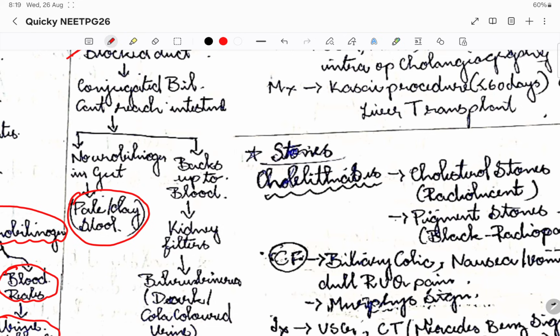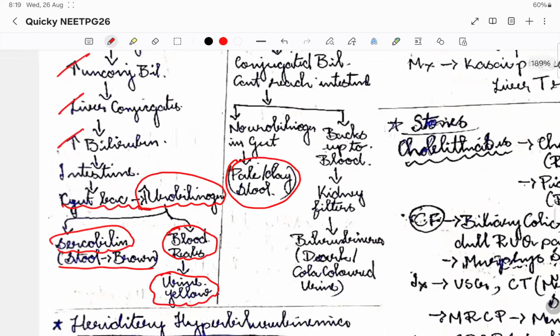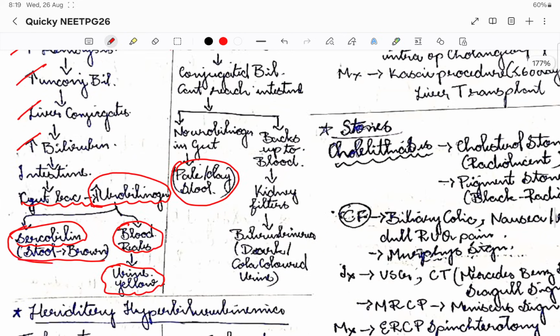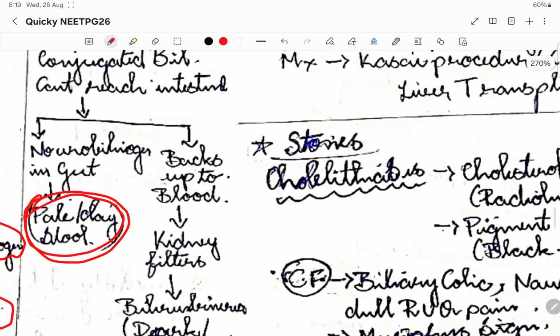So there is no urobilinogen. Urobilinogen was supposed to form stercobilin and give the stool the brown color, but here no urobilinogen is reaching the gut. So the stool will be pale colored and clay like, and some of the bilirubin will back up to the blood.